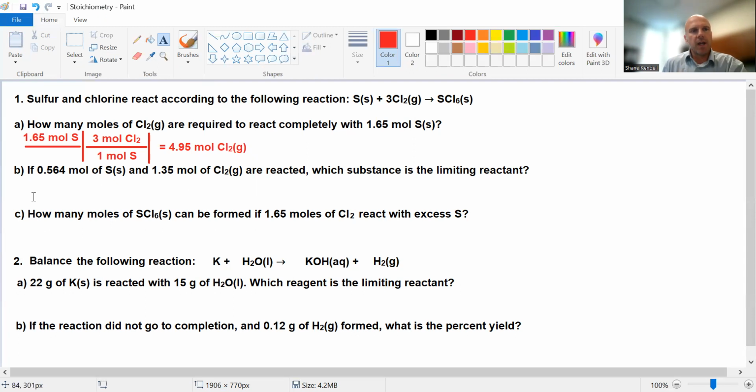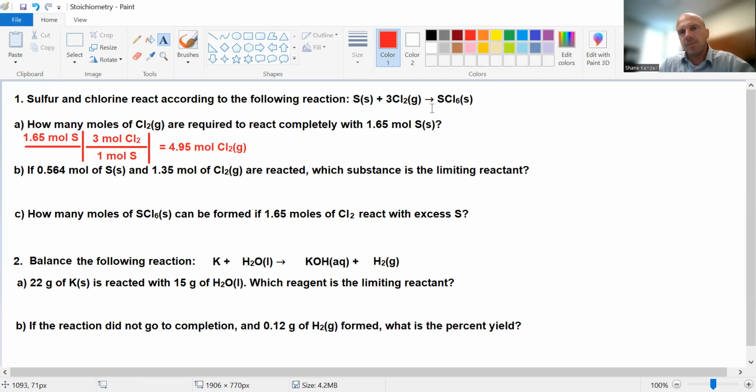Okay, so now we're looking at 0.564 mole of sulfur and 1.35 mole of Cl2 are reacted, and one of them is going to be limiting. So what it means by the limiting is that with this equation up here, this is an equation where you would have everything ideal, 1 mole of sulfur for 3 moles of Cl2, and away it goes in the reaction.